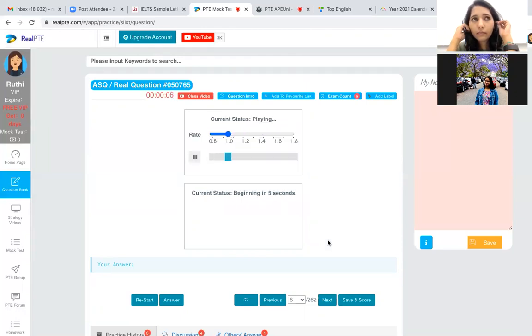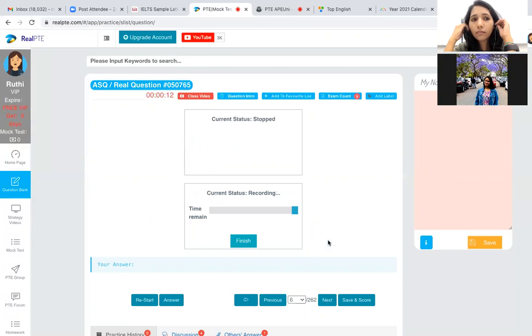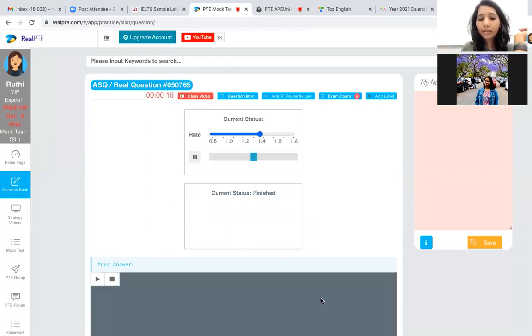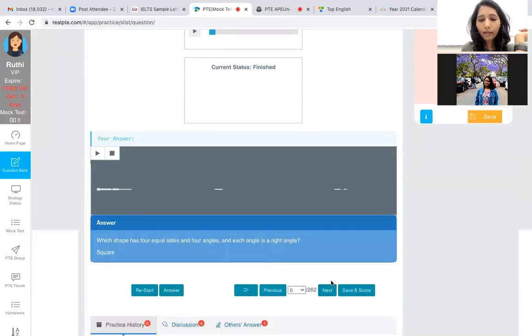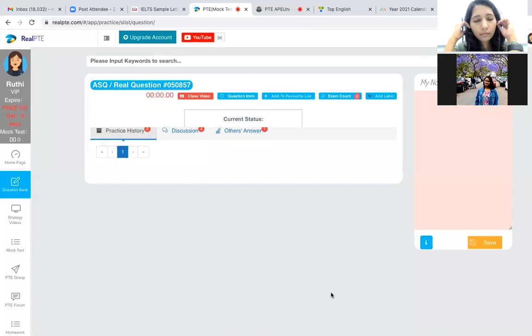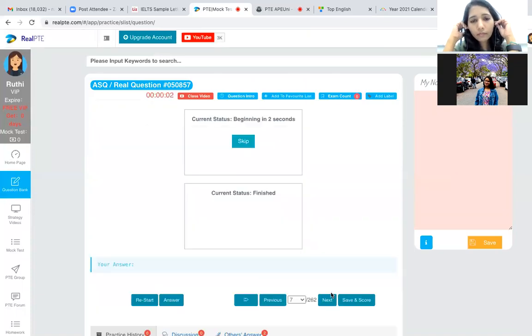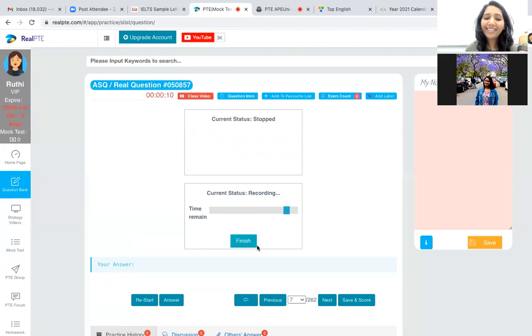Which shape has 4 equal sides and 4 angles, and each angle is a right angle? Square. Square is correct. Okay. Who is the Swiss greatest scientist in physics? Albert Einstein.